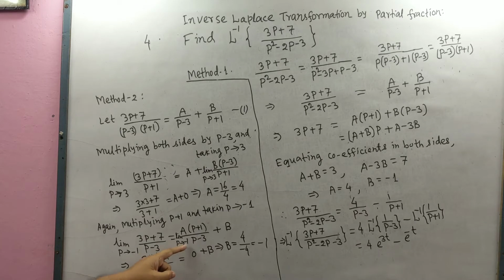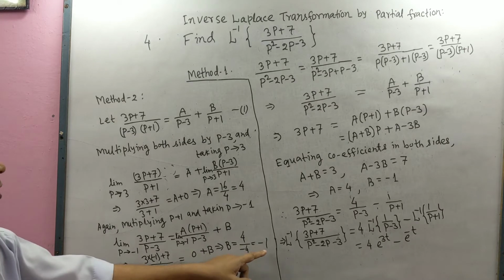Here p tends to minus 1 gives p equal to minus 1 plus 1, 0, so this term vanishes and only b remains. Here we put p equal to minus 1 and we get 4 by minus 4 equal to minus 1.